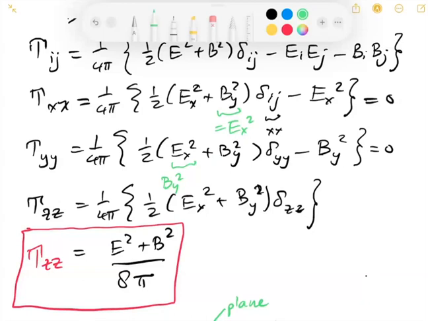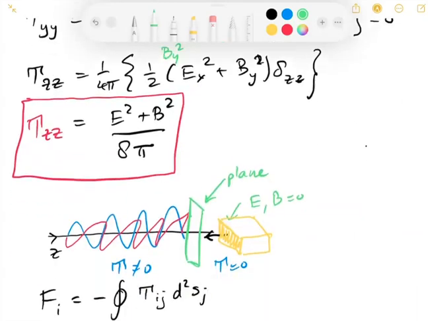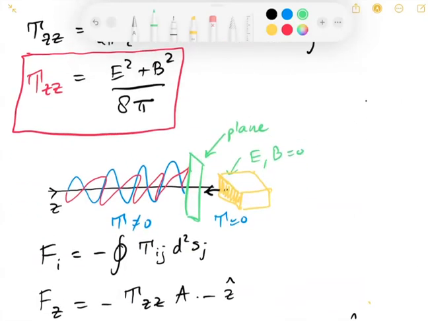So in other words, this stress tensor is the same independent of the direction in which this wave is traveling. Now that's crazy. Think about that. This wave, if it is incident on this green plane, that stress tensor on the left-hand side looks the same if that were a wave that would not be traveling towards the plane, but it would be traveling away from the plane.